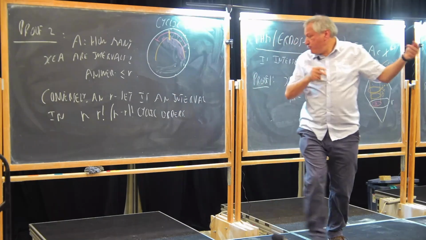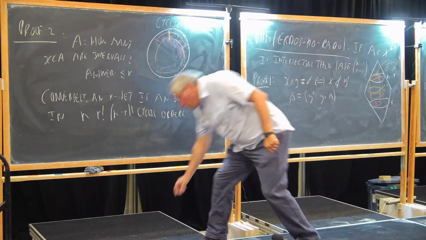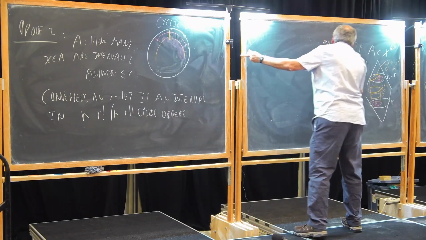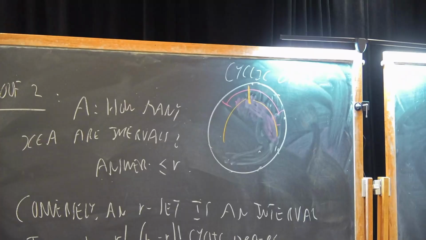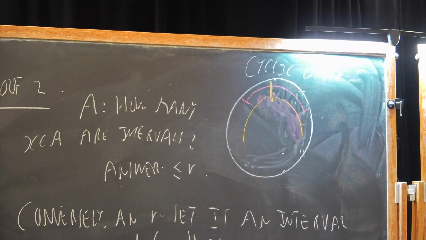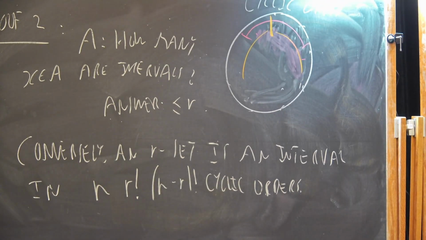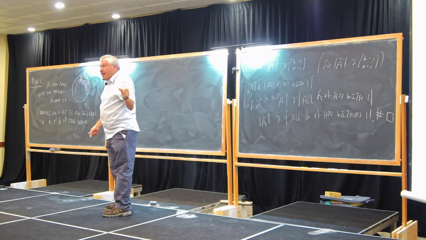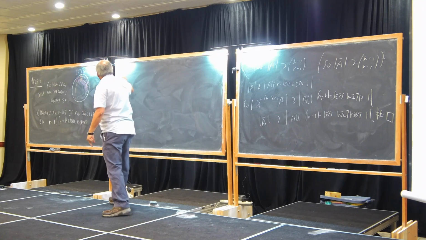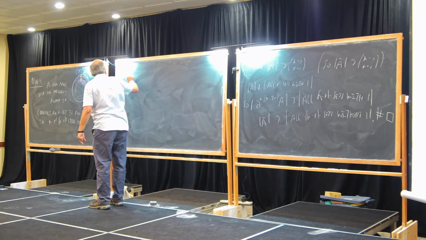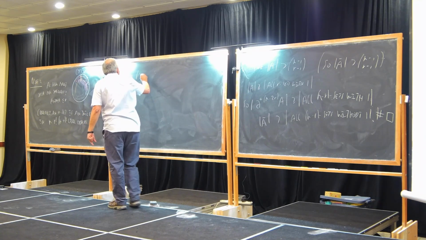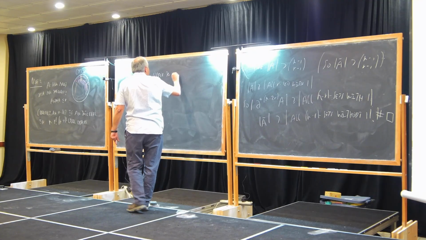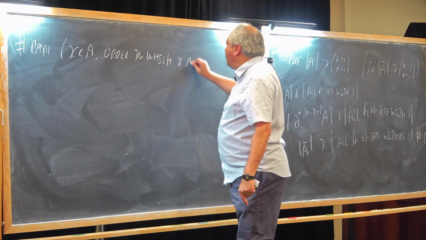So officially I'm counting the pairs: a set X in A, and an order in which X is an interval.